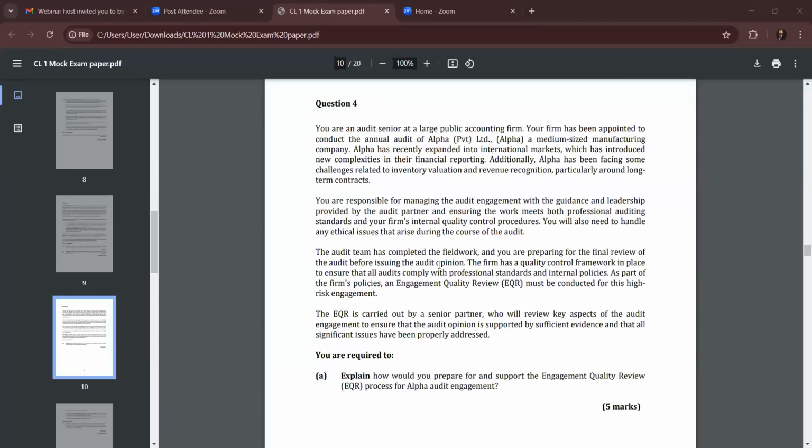Number 3, the significant queries raised by the quality review partner have to be addressed by the audit manager.